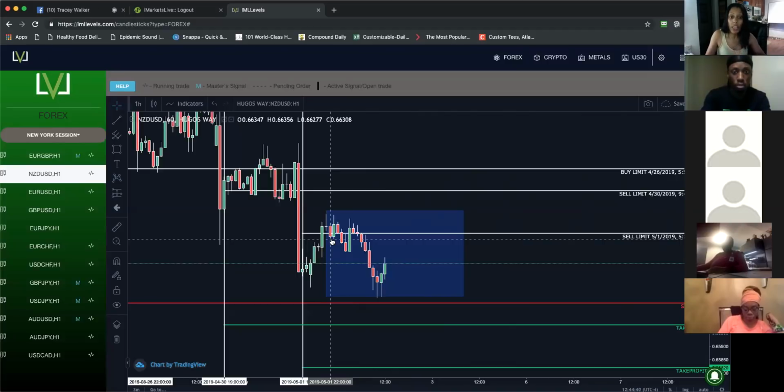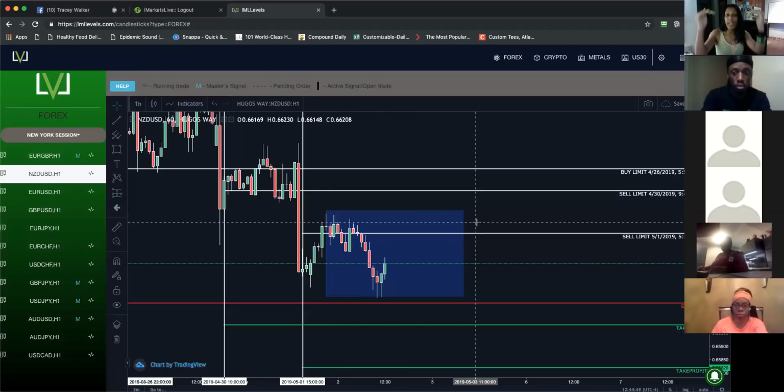Now you can set a sell limit because price would be below the line.